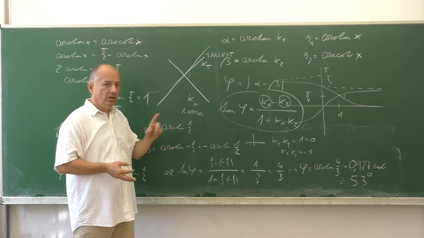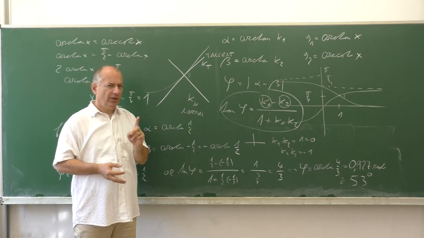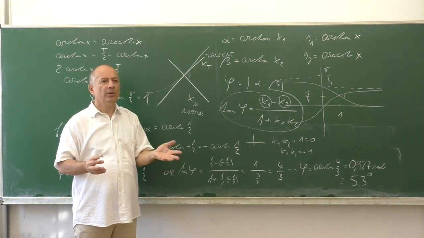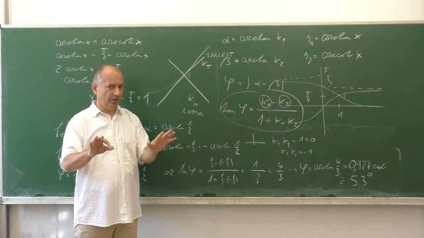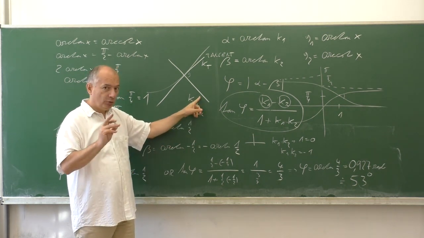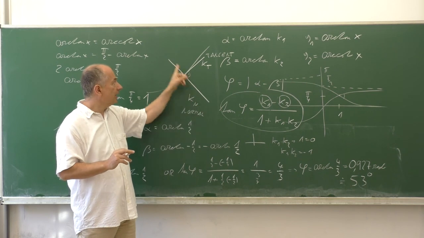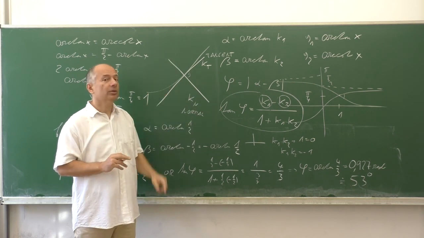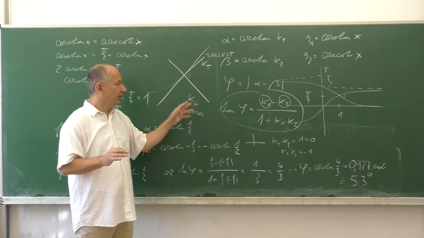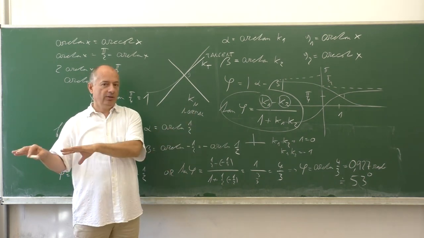And also, the word normal is dangerous. In ordinary language, normal means something with no special property, right? But this is a line with one special property, namely being perpendicular to the tangent. So don't be confused with the meaning of these words in mathematics and in ordinary language.